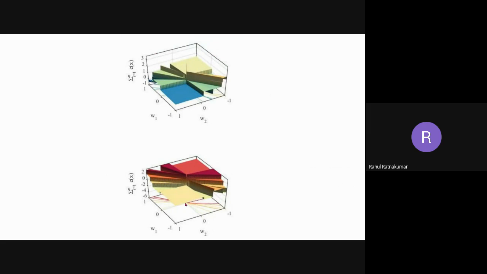The last two are modifications. This is the generalized Kullback-Leibler divergence, a slight change here.